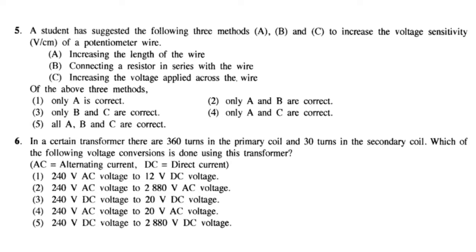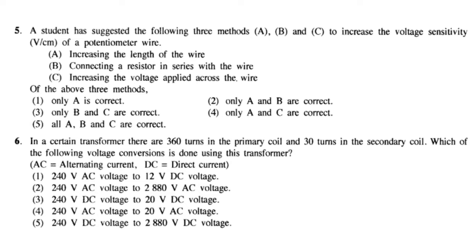Now look at the answer A. A statement, increasing the length of the wire. When the length increases, then potential drop per unit length decreases, then sensitivity increases. A is right. Then B, connecting a resistor in series with the wire. When a resistor is connected in series with the wire, there will be a potential drop across the resistor.